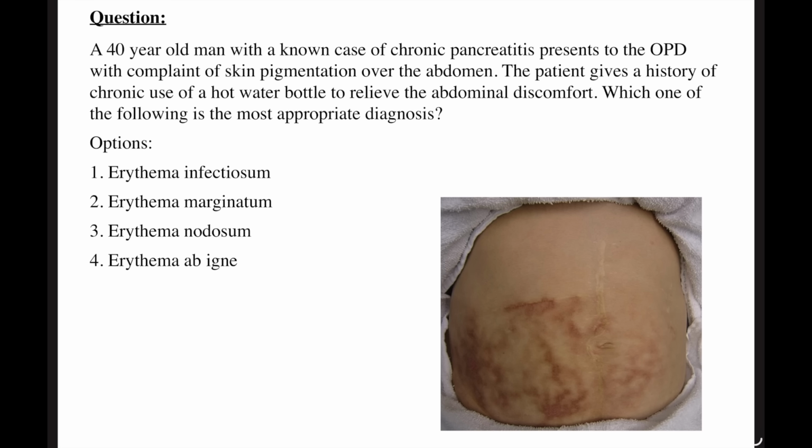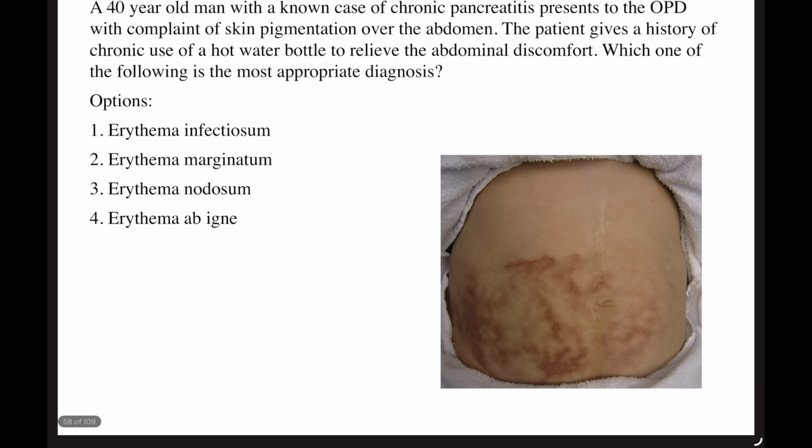Now there's a patient here, as you can see, the spotters are not given, but just for clarity I'm giving you this discoloration known as erythema ab igne. See this erythema ab igne. What is this? Patients with chronic pancreatitis have chronic abdominal pain.